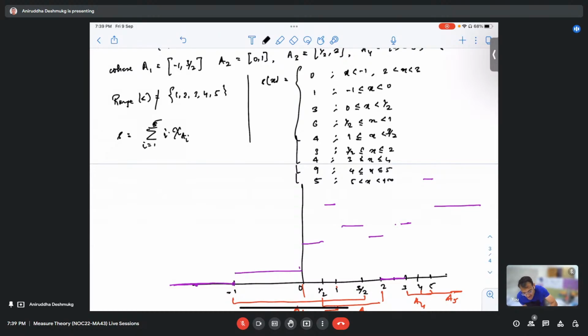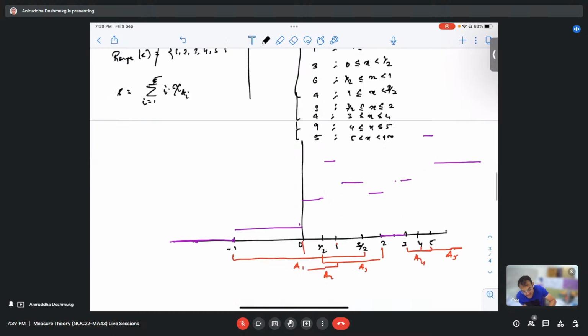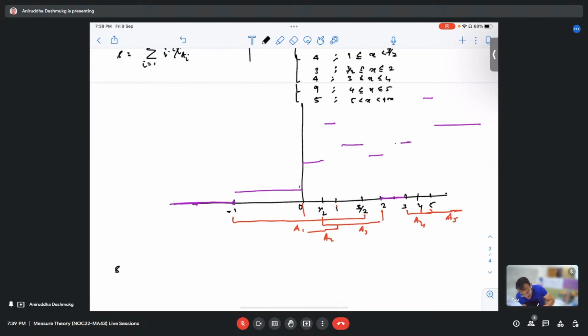Exactly. That is what we have been doing here, right? We are splitting these bigger intervals into smaller parts where I can get a single value. So this S can be written as the summation of a_i chi of A_i, where these A_i are mutually disjoint and their union is all of I.